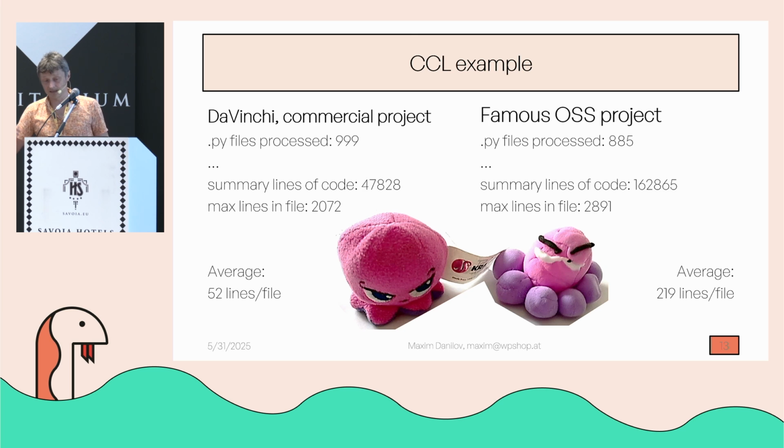It has fewer files, around 900 files, but summary lines of code is 100, okay, right now it's probably already 200,000 lines of code. And max lines per file, 3,000 lines in one file. It's completely not readable, even for me, but I already work with big files. And on average, we have 220 lines in a file.